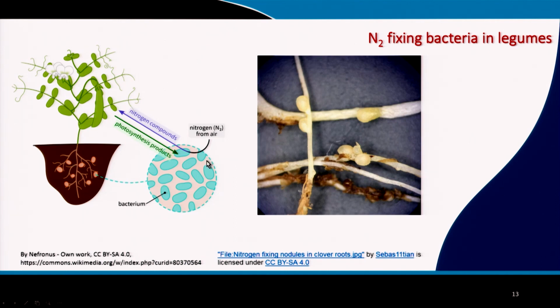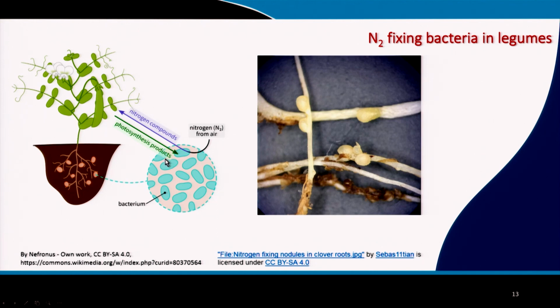These are the nitrogen fixing bacteria. They are present in these nodules, and that's where the nitrogen from the atmosphere is converted into bioavailable forms and made available for plant growth, and that's how these plants are able to survive even in nitrogen deficient soil.